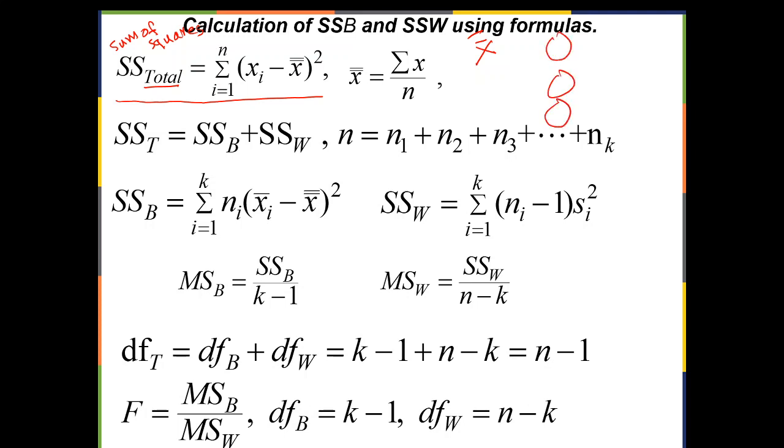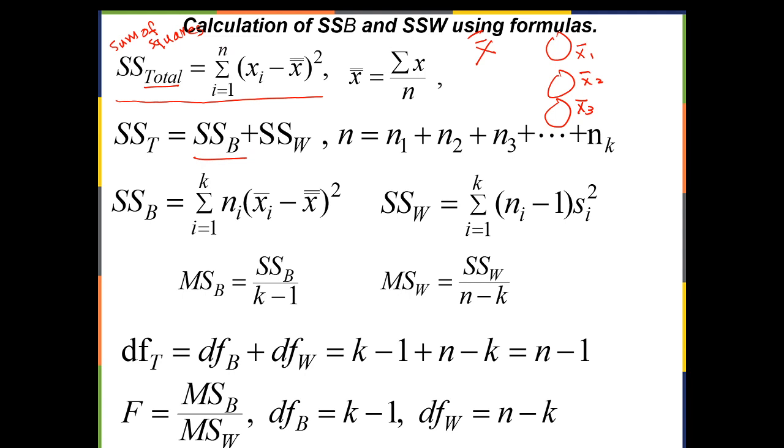That means if you have many groups, each of them has an x bar, right? So this is the sum of the variations of all the numbers from their own group mean. That's SSW, the sum of variations from their own group means, squared, of course.